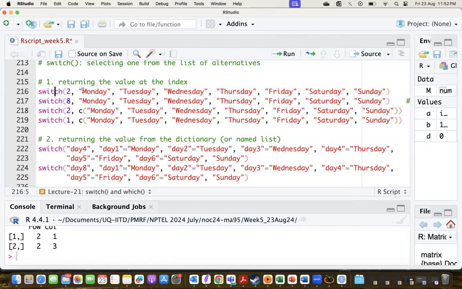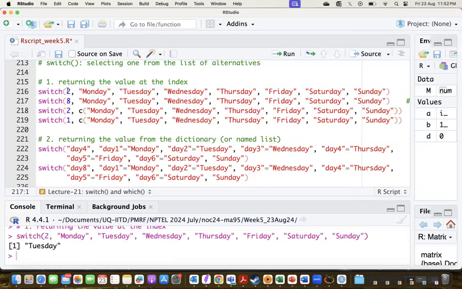Now, if I write switch 2 and everything else I'm writing like days of the week, when I say 2, it gives me Tuesday. Easy, simple, second element.